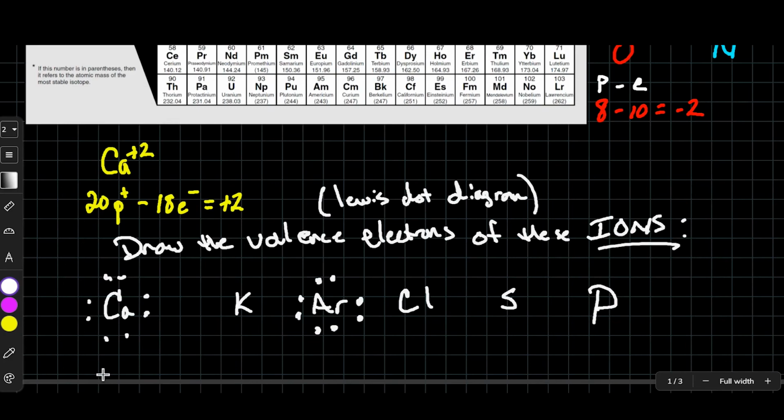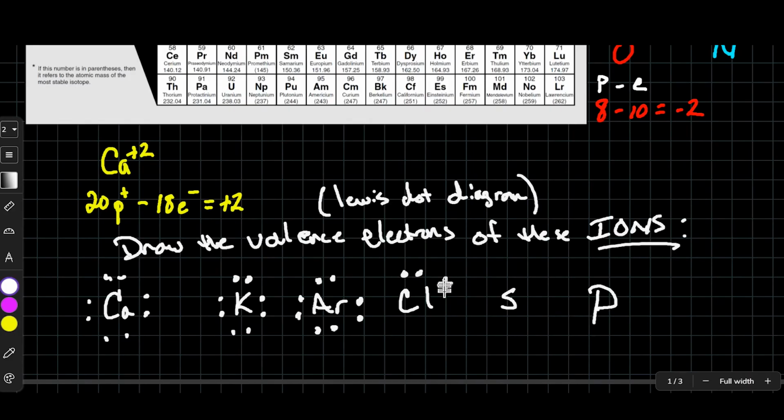Okay, for all of them. Calcium is going to lose its 2 electrons and revert back to the previous energy level, and look like argon. Potassium is going to lose its single S1 electron and revert back to the earlier energy level and look just like argon. And argon looks like argon. It doesn't want to change.